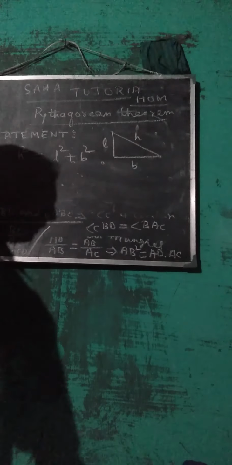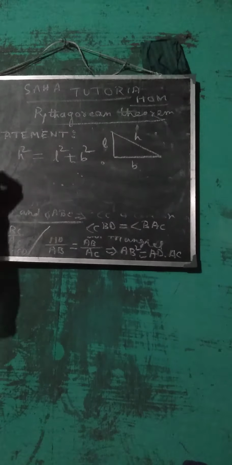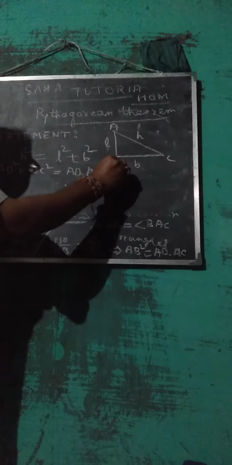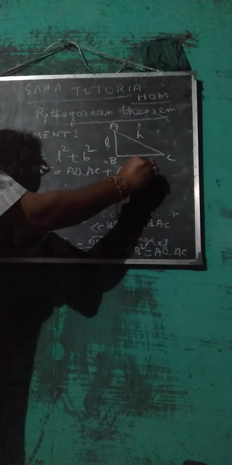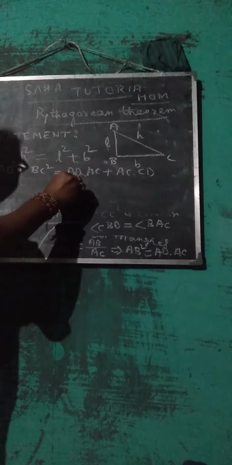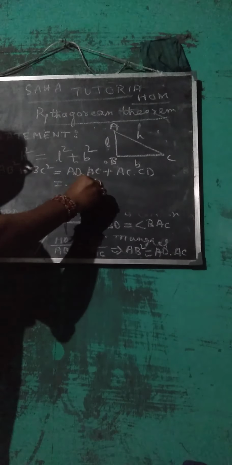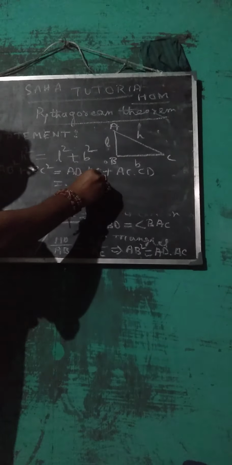Now we erase this result and go further to another step. If we combine both results, we get AB square plus BC square is equal to AD into AC plus AC into CD. If we take AC common, it will be AD plus CD.